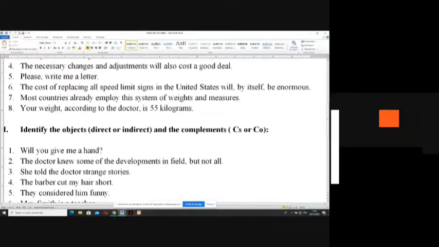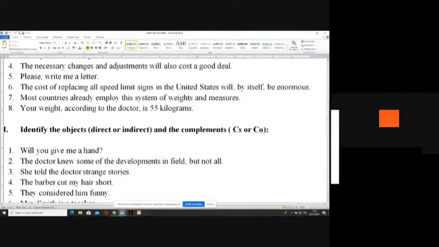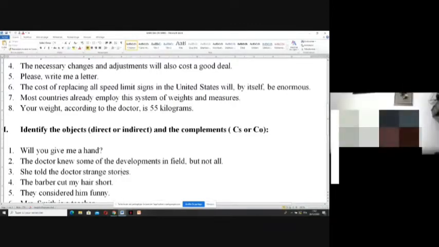Will you give me a hand? So will you give me what? A hand, a direct object. And me, it's to whom? To me, it's the indirect object. So the direct object is a hand, the indirect object is me. What about the verb here? Which type of verb is this? Ditransitive. Good. So the verb here is ditransitive.